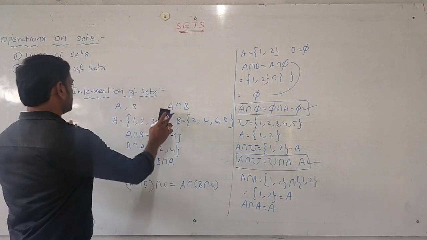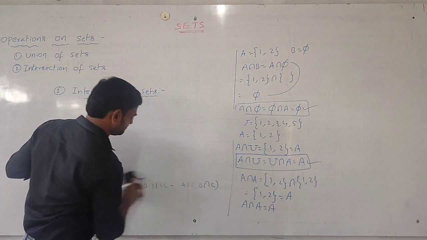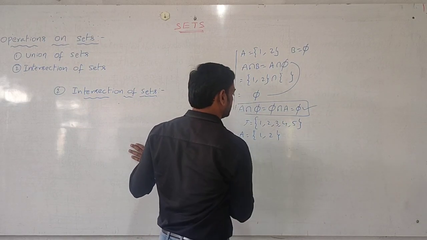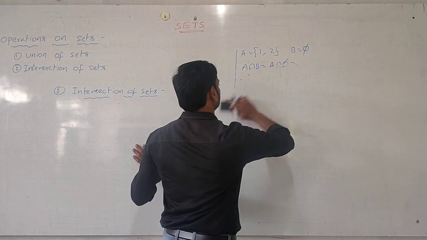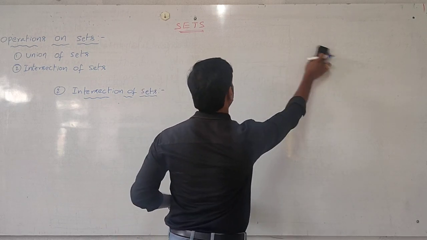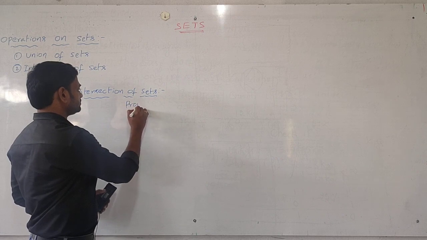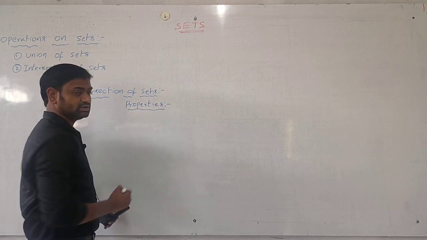Now see the properties. Now I am writing here the properties. So finally, what you understand from the intersection? Intersection means take common elements. So what are the properties here?